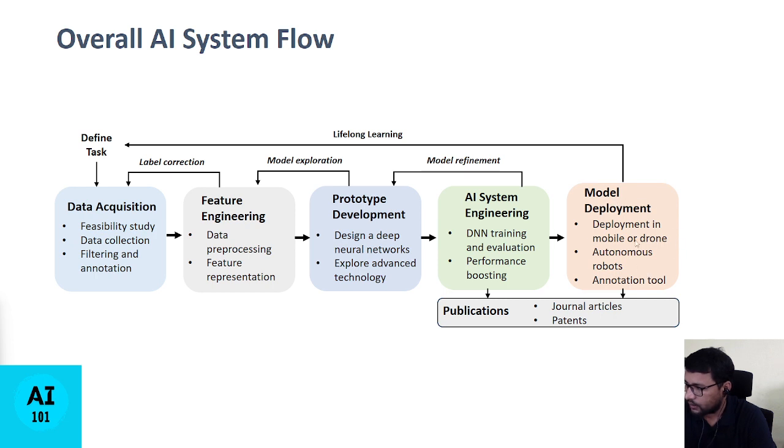And in each step you can see, if the model does not get the result that we expect, then we can make multiple loops in each step here, right?